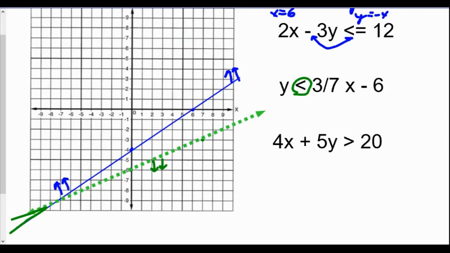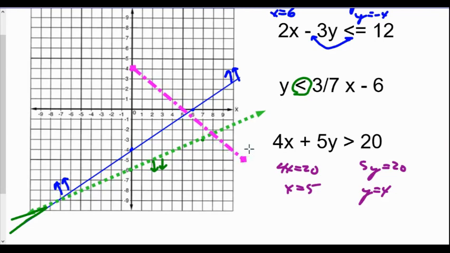Okay. And thirdly, I've got this one. So let's see. 4x is 20. 5y is 20. X is 5. Y is 4. And it's going to be a dashed purple line. So is that purple or is that pink? Well, probably close enough. That's pretty good.